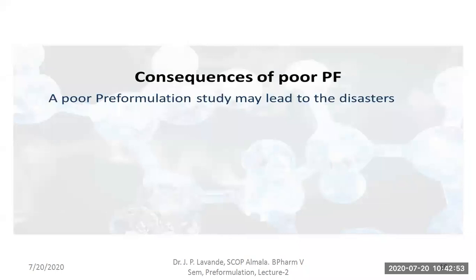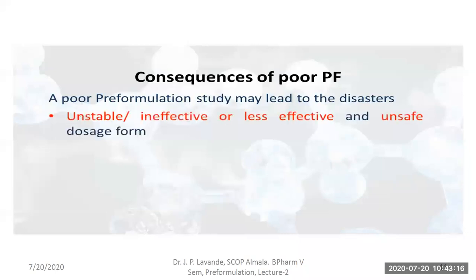Now, what will happen if we do not perform the pre-formulation studies? That is nothing but the consequences of poor pre-formulation. Here PF stands for pre-formulation. That is just for understanding; it is not the standard abbreviation. A poor pre-formulation study may lead to various kinds of disasters.